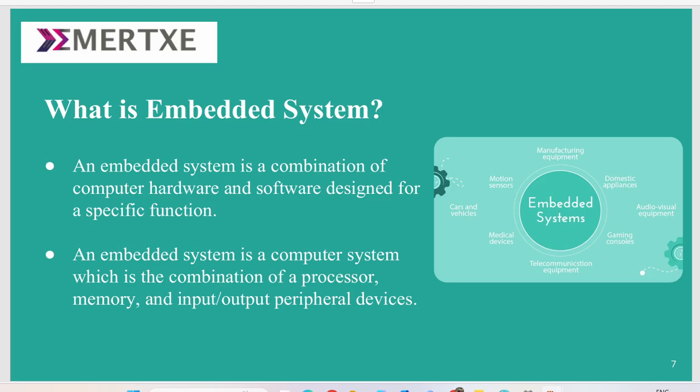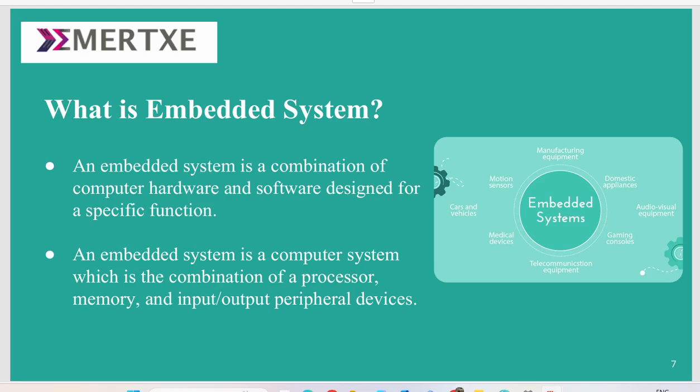An embedded system is a combination of hardware and software designed to perform a specific function or task. Unlike general purpose computers, embedded systems are task-specific devices. In my project, Arduino Uno is the embedded system that controls sensors and actuators.